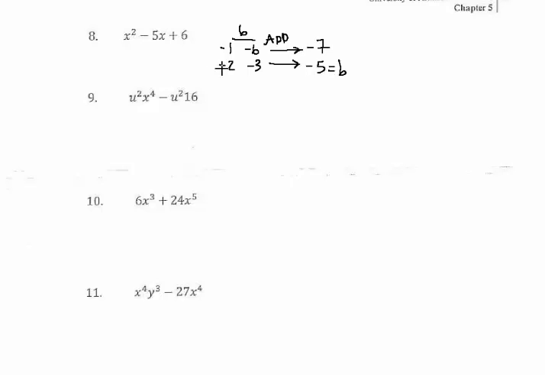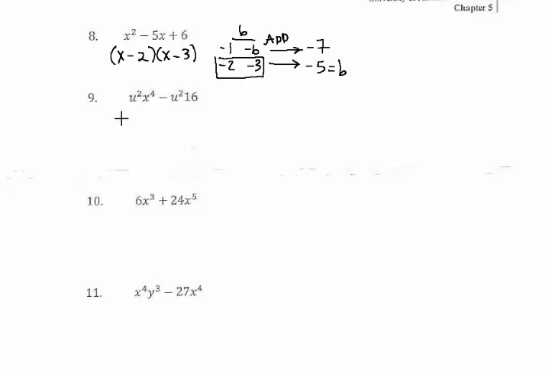This one matches our b, and so we need this minus 2 and minus 3 to construct our two factors. x and x to multiply and give us our first term, x squared, and then we just put off to the side of each x a minus 2 and a minus 3, and we're done.